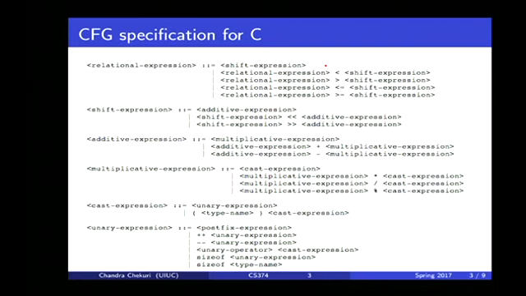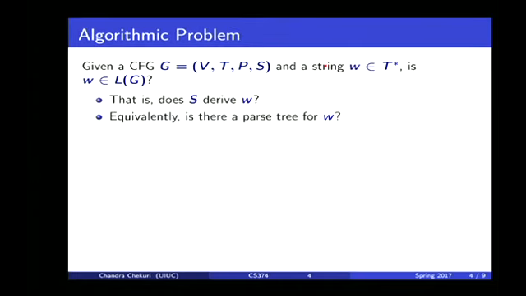So what is the algorithmic problem that your compiler is solving? The first thing your parser has to do is take your program and check, is it a valid C program? So it gives you all these errors if it doesn't compile. That's how it figures it out.